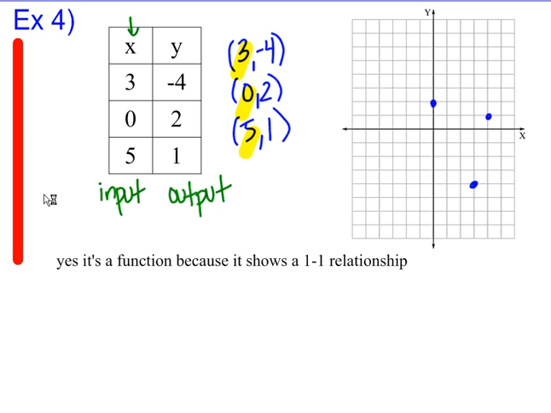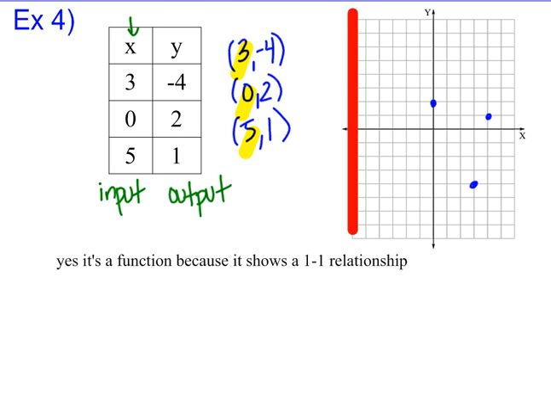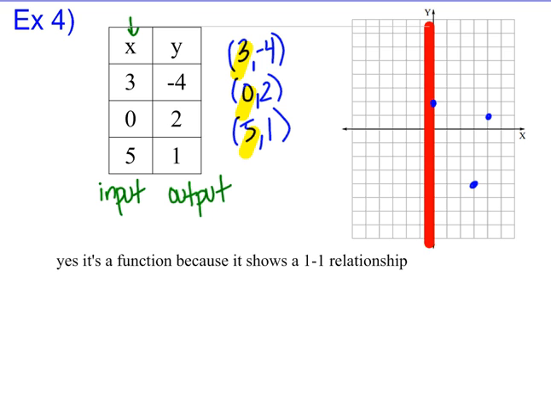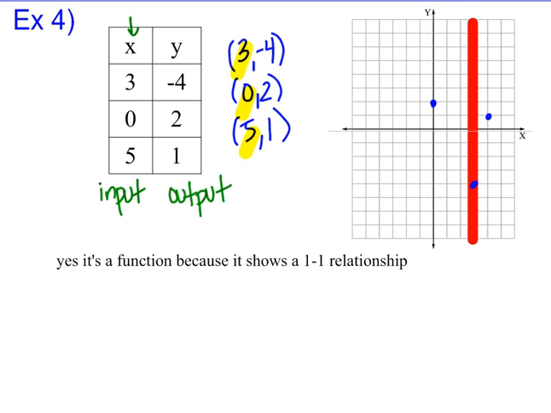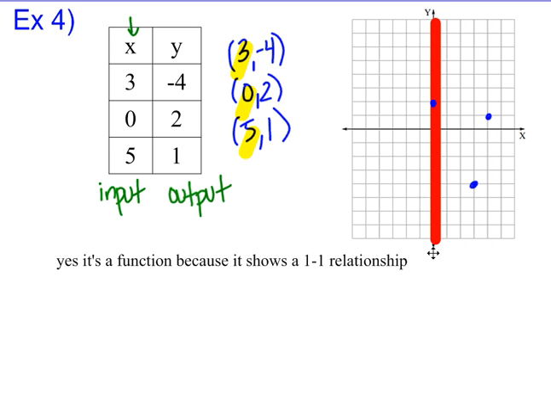Now what we're going to do is take our line, which here is our vertical line, and pass it through these points. Now we notice that it only touches one point at a time. If it touches one point at a time, then that means it passed the vertical line test. You can take your pencil and hold it vertically and roll it across your paper.